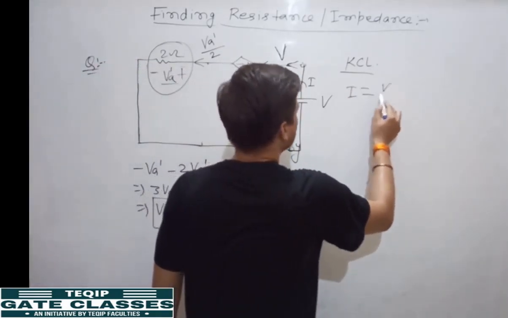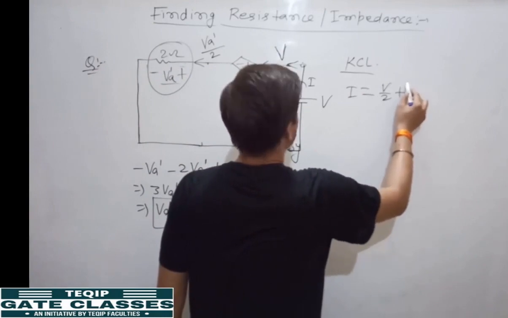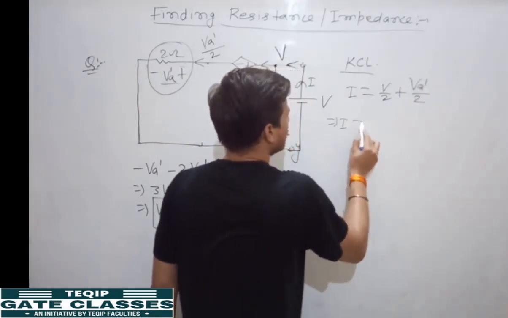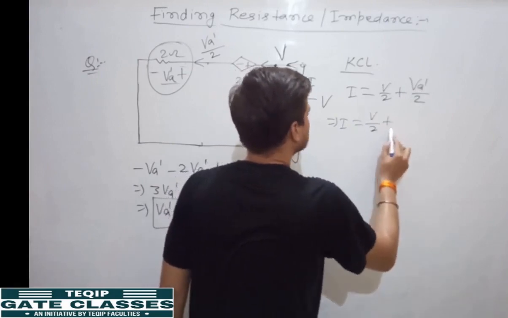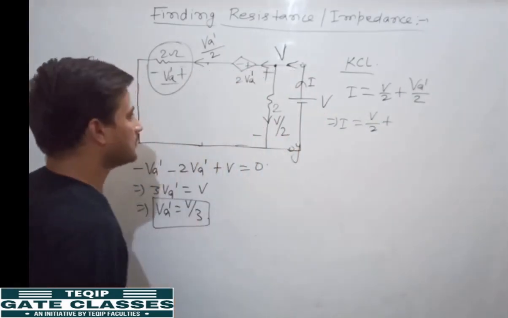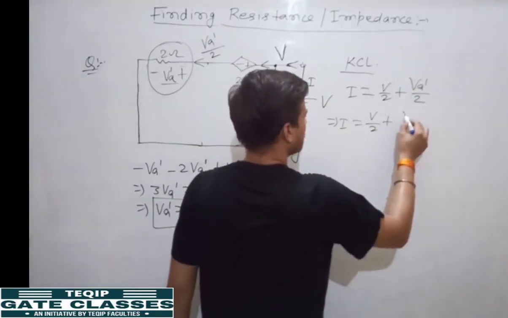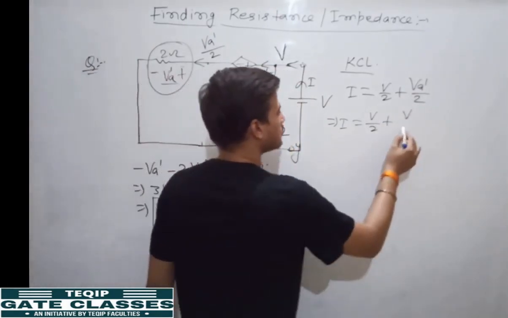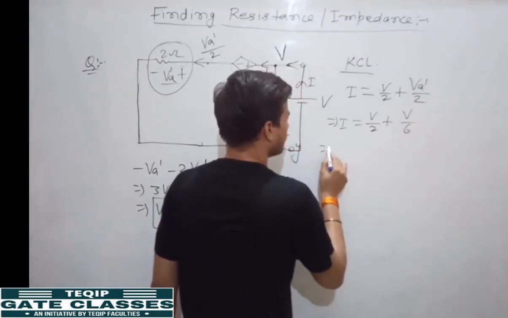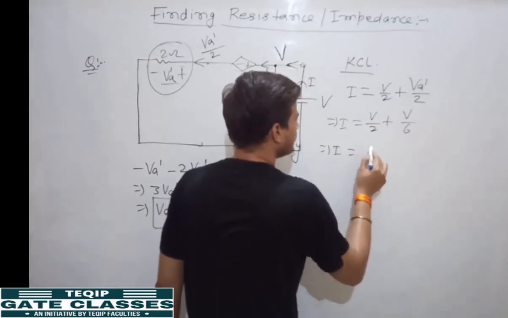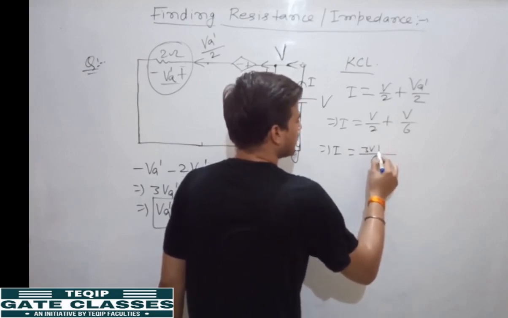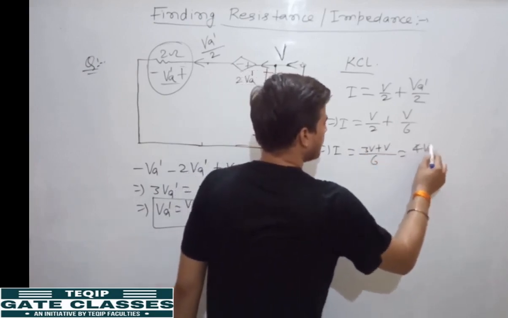So I is equal to V by 2 plus VA dash by 2, and VA dash is nothing but V by 3, so here it will be V by 6. From here I is equal to (3V plus V) by 6, that means 4V by 6.